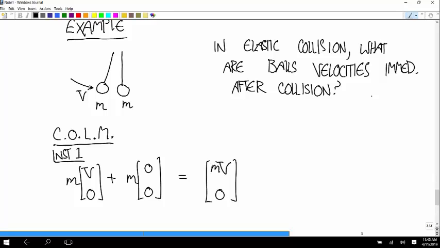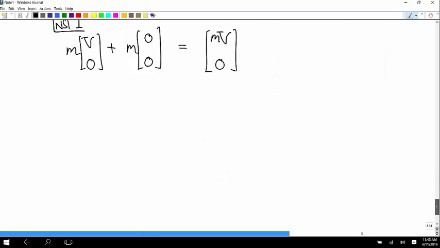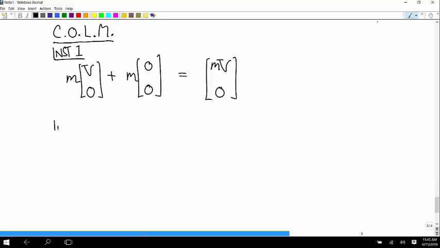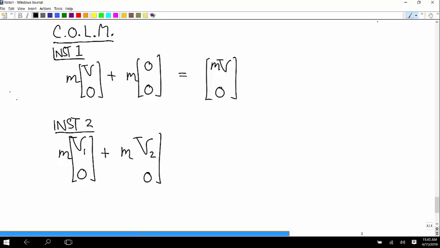Any questions about that? And then at instant 2, we don't know the velocities of either of those two, but they are both going to be horizontal since they're at the bottom of that circular motion. Their velocities are both going to be tangent to the circular path, and so we're going to have the mass times the velocity component of the first one, plus the mass times the velocity component of the second one.